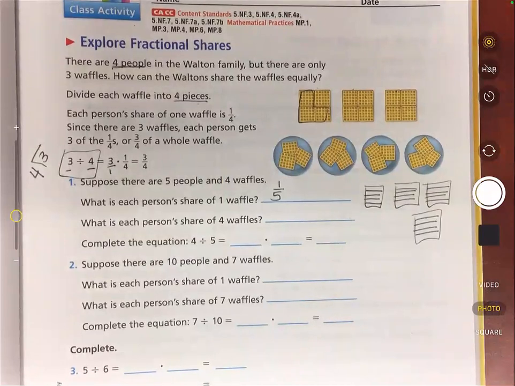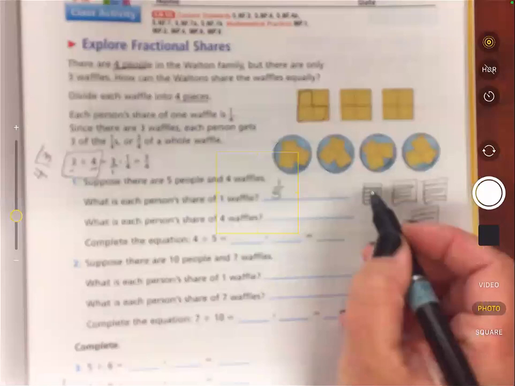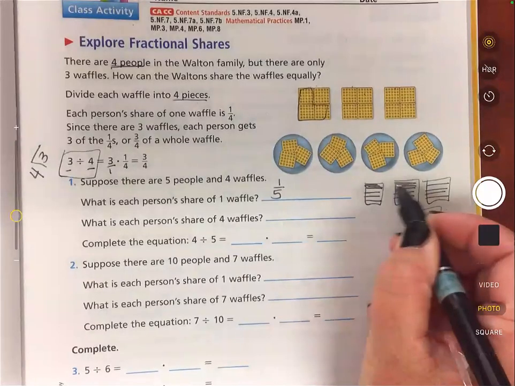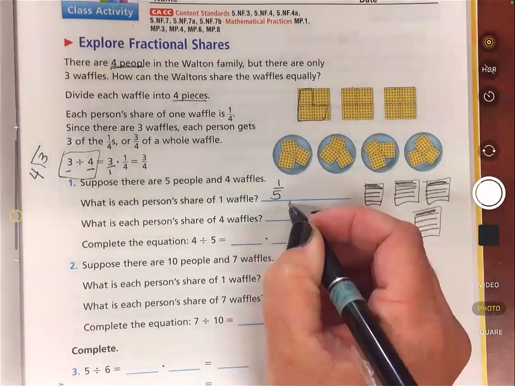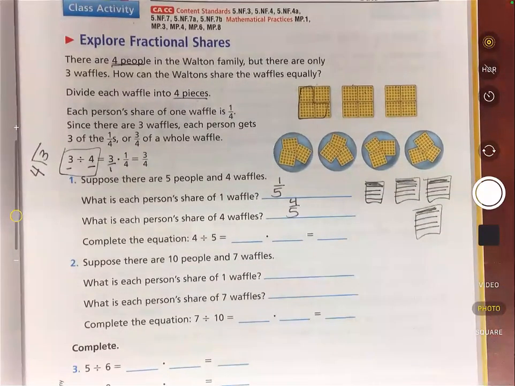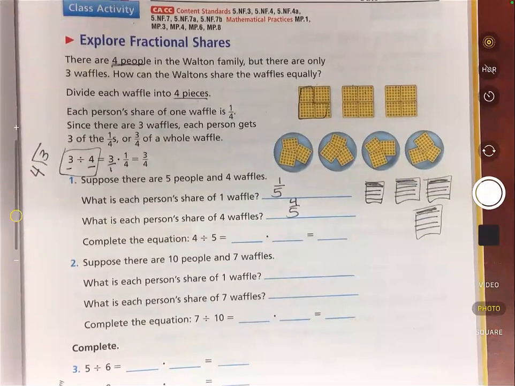So what is each person's share of the 4 waffles? If I get this 5th and this 5th and this 5th and this 5th, I now have 4/5 of a waffle, because I got 1/5 of each of those 4 waffles.